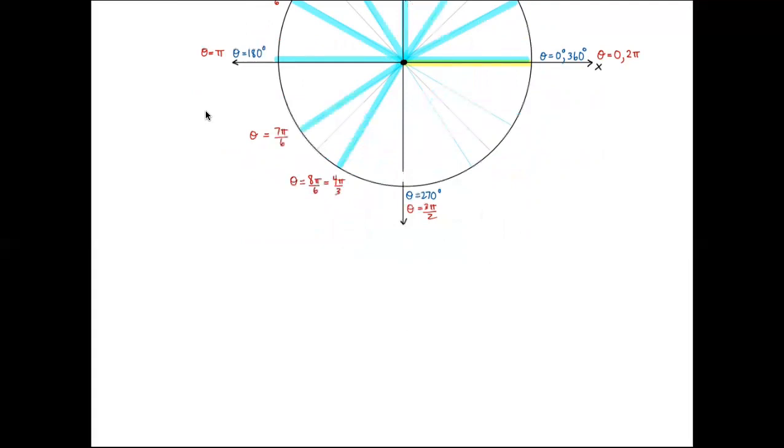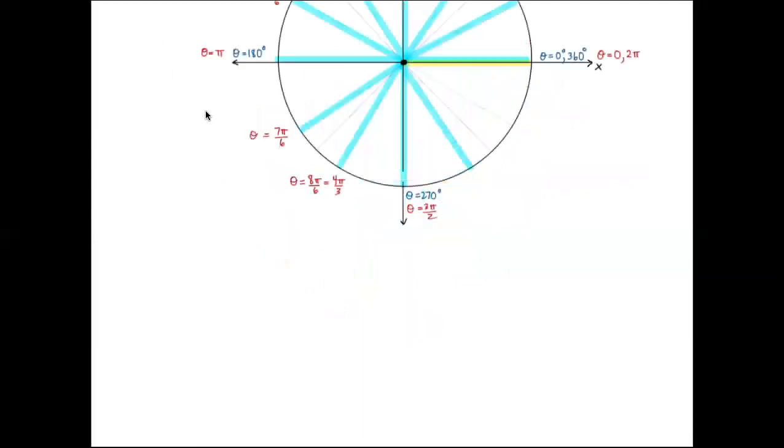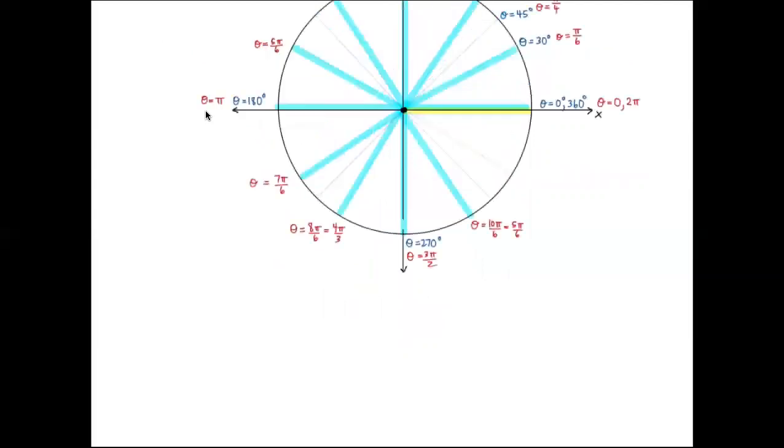Then from there, we did 7 pi over 6, 8 pi over 6. There's 9 pi over 6, which simplifies to 3 pi over 2. There's 10 pi over 6, so we can label that one, which most people would rewrite as 5 pi over 3.